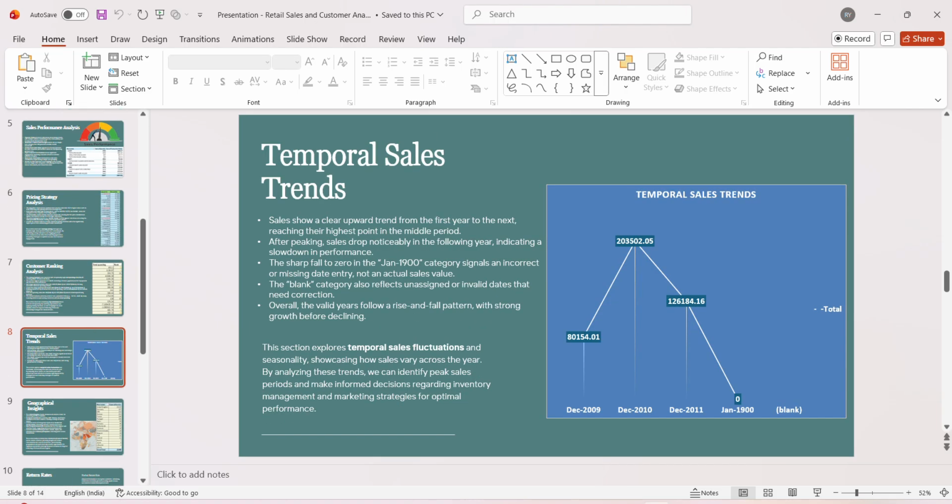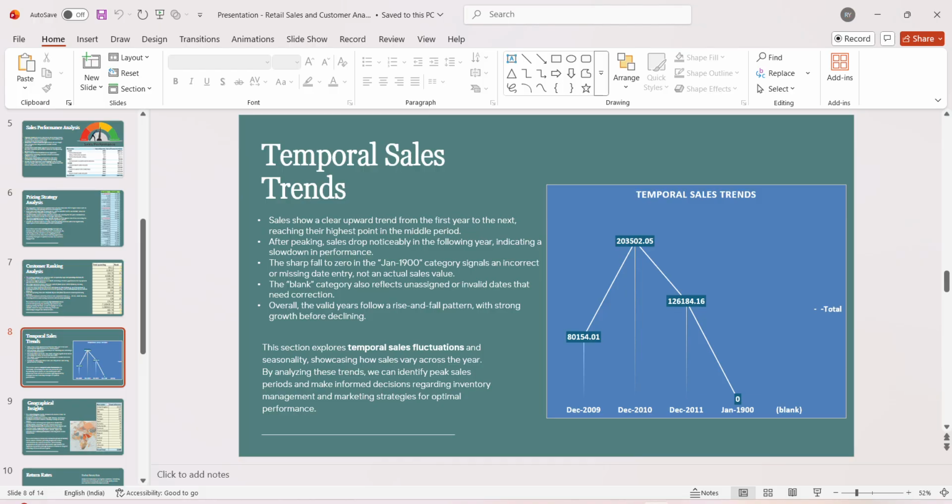So the sales show a clear upward trend from the first year to the next, reaching their highest point in the middle period, and then a sharp fall to zero in the January 1900 category, indicating a slowdown in performance. Overall, the valid years follow a rise and fall pattern, with strong growth before declining.